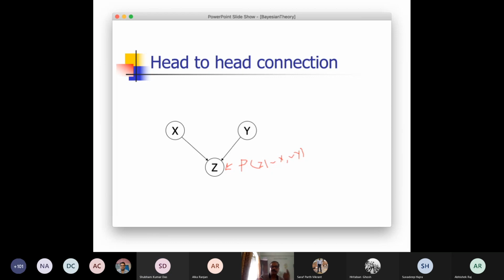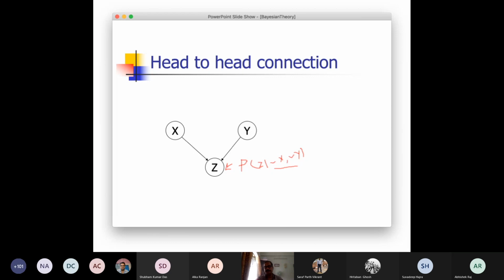Anyway, so all possible combinations, all possible values of these combinations, you need to consider and specify the corresponding conditional probabilities. Right? Because if you specify that, you are also specifying probability of not Z given not X, not Y. So only one is sufficient. So how many values do you need to specify here for binary random variables?